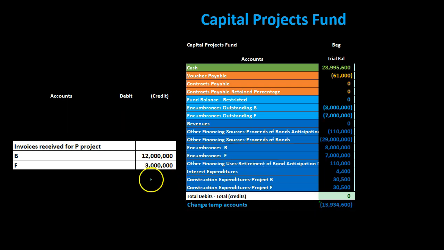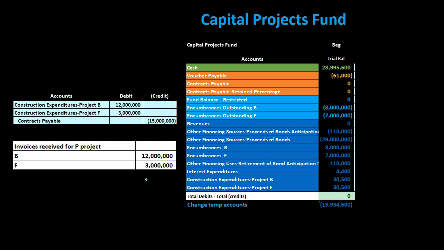Now we can then go in and record the actual expenditure in a format that we would kind of think would be normal. So again, under an accrual basis, under a job cost system, we would debit an asset. But of course, we don't have long-lived assets on the capital projects fund.